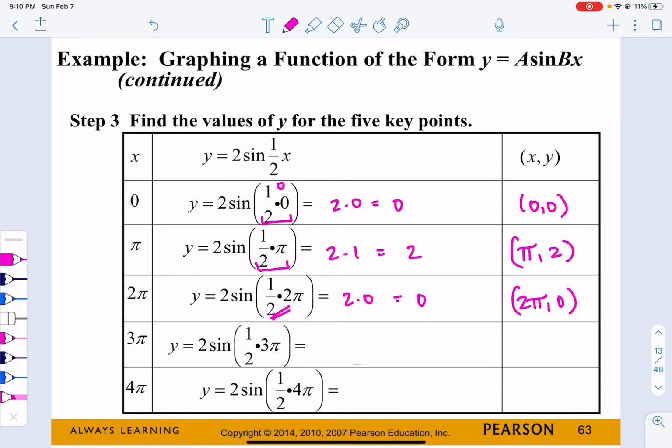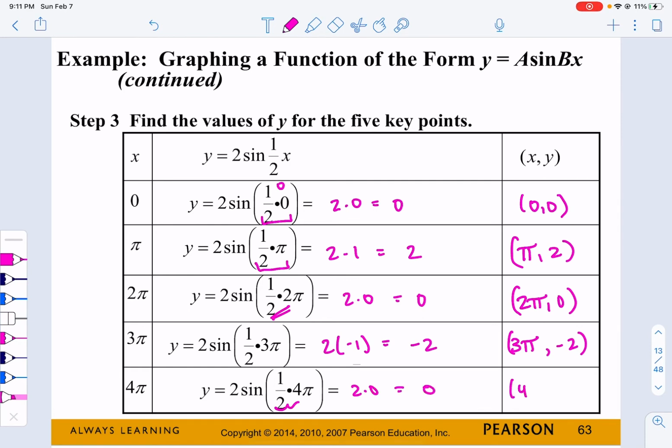If I take 1/2 times 3 pi, that gives us 3 pi over 2. Sine of 3 pi over 2 gives us -1. So 2 times -1 gives us -2. So when we're at 3 pi, we're at -2. And 1/2 of 4 pi gives us 2 pi. Sine of 2 pi takes us back to 0. 2 times 0, we're still at 0.